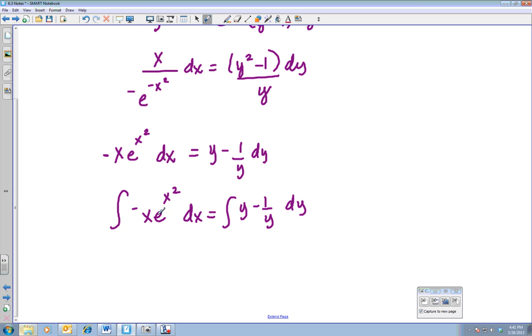Okay, so when I integrate this, if u is x squared, du is 2x. I have an x and I have a negative. I can bring that negative out, but I'm missing the 2. So I can put the 2, but I need the 1/2 out in front. So really I have this. I'm going to bring this negative out in front. So I have negative 1/2. Here's my u. This is my du. So now I just have e to the u du.